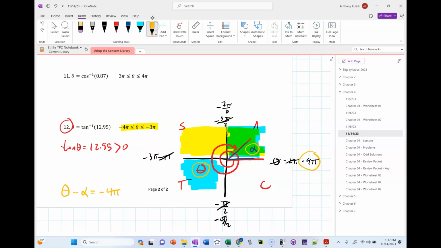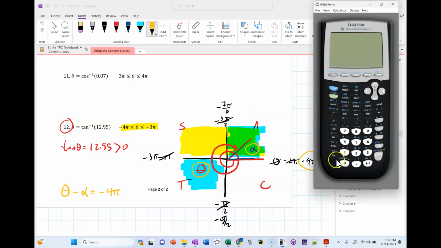But okay, I think it's calculator time, right? So we have to add the alpha over, right? So negative 4 pi, and then we'll be plus tan inverse of the absolute value of 12.95. What's the absolute value of 12.95? Come on, guys. We can do this in our heads. There we go.